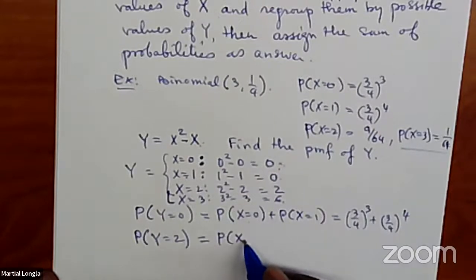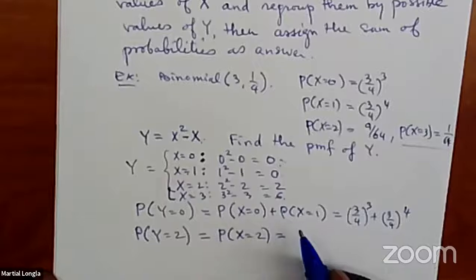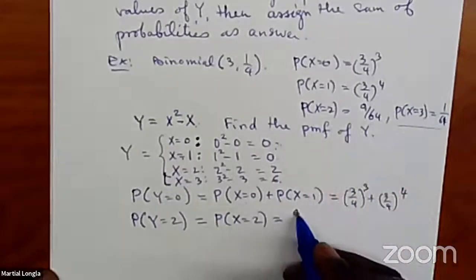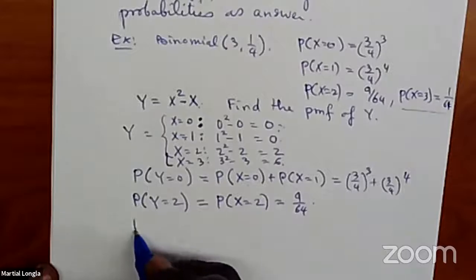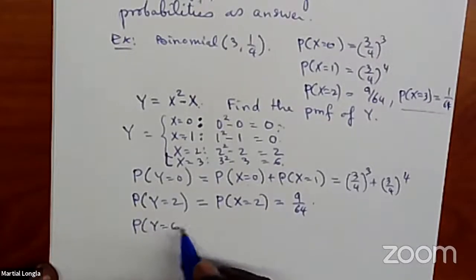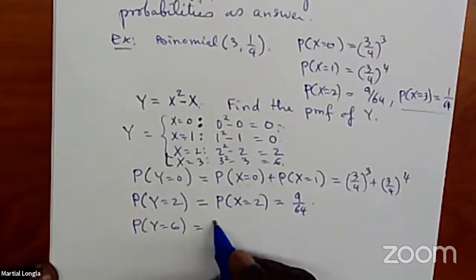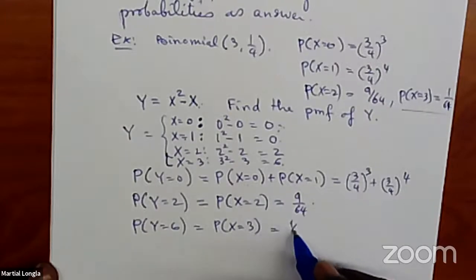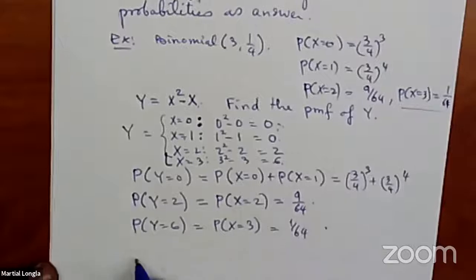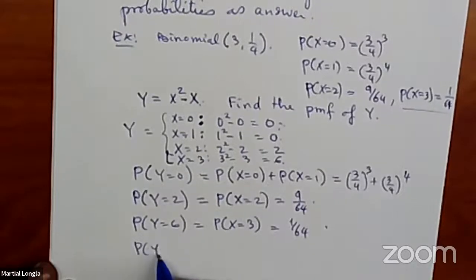Probability that x is 2 is 9/64. And then the third value, probability that y equals 6 equals probability that x equals 3, which is 1/64.